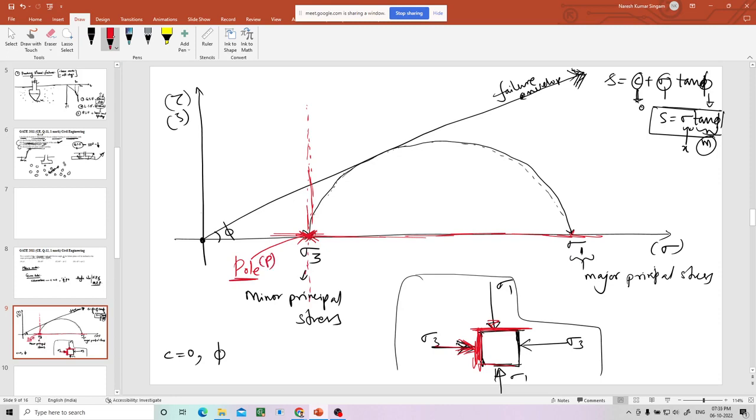Now pole is used to what? It is used to find out the inclination of any plane. So suppose I want the inclination of the plane on which this much sigma is acting and this much tau is acting, let us say sigma i, tau i.